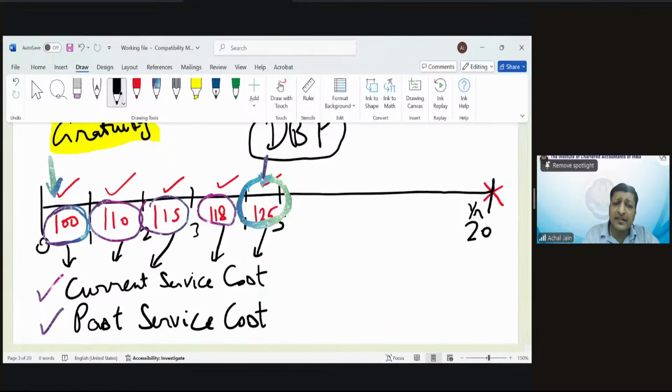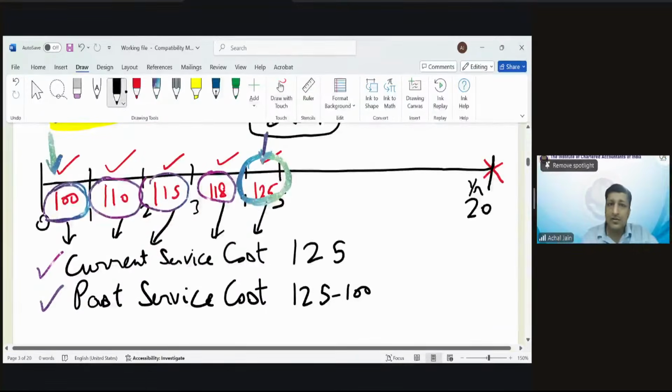So in the 5th year, the 125 which the entity will record will be current service cost. But a portion of the 1st year, 125 minus 100, what will you call it? Past service cost.